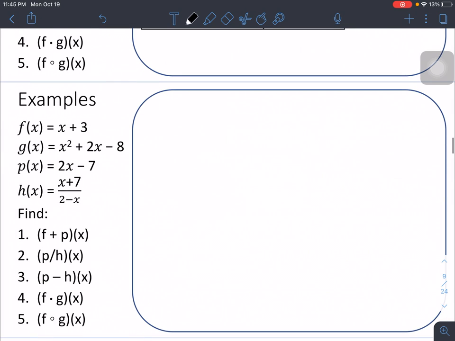Next is multiplication operation. So we would like to multiply the f function with the g function. So (f·g)(x) is equal to the f function, which is x plus 3, multiplied by the g function, which is x squared plus 2x minus 8.